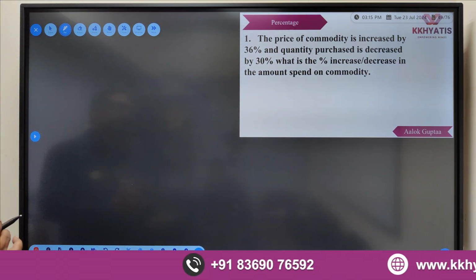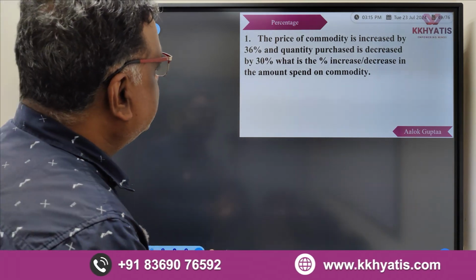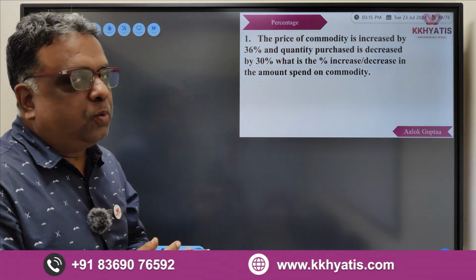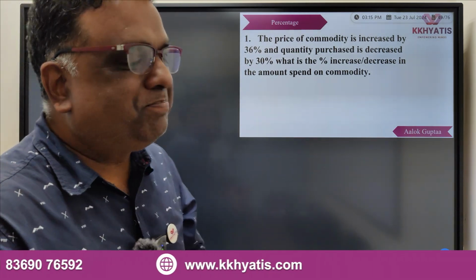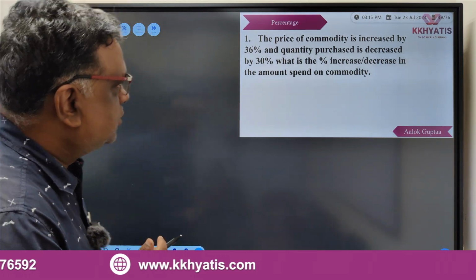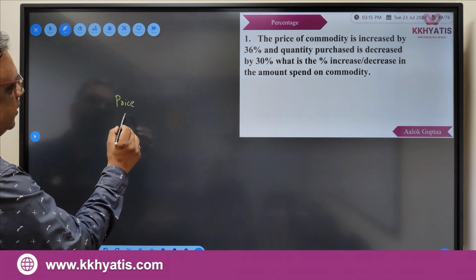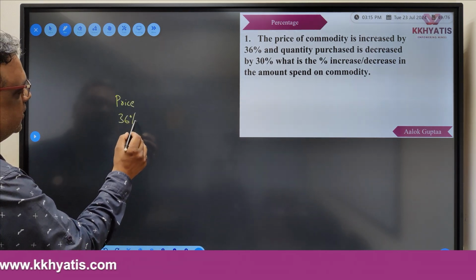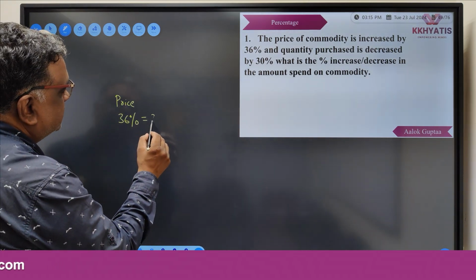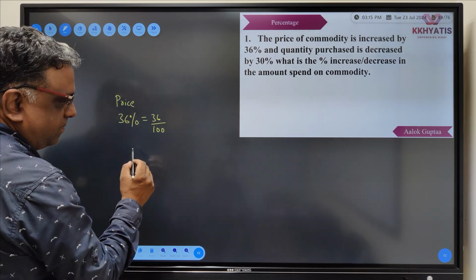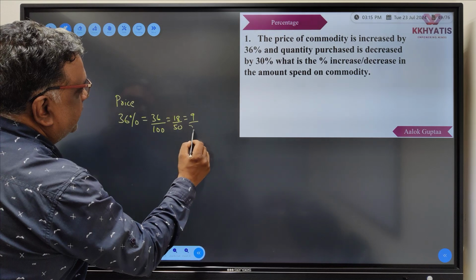The price of a commodity is increased by 36% and the quantity purchased is decreased by 30%. What is the percentage increase or decrease in the amount spent on the commodity? So the price increased by 36%. 36% means 36 upon 100 in terms of a fraction, which is 18 upon 50, which is 9 upon 25.